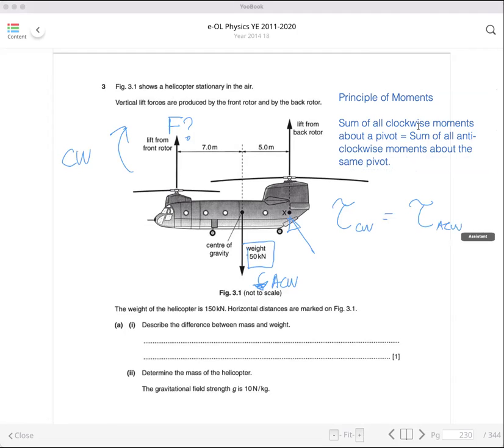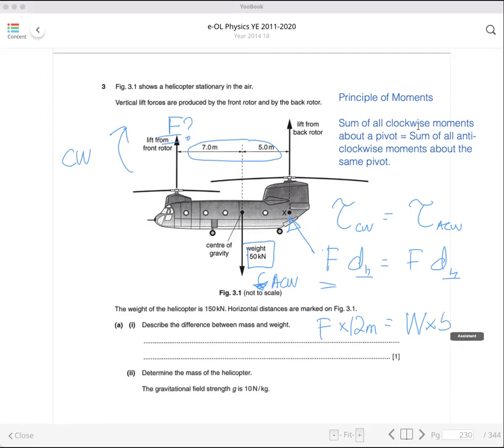So you can see from here, clockwise moment is equal to the anti-clockwise moment. Is that clear? The force multiplied by the perpendicular distance is equal to the force multiplied by the perpendicular distance. What is the perpendicular distance here? Which is 12 meters. Equal to the weight multiplied by 5 meters.